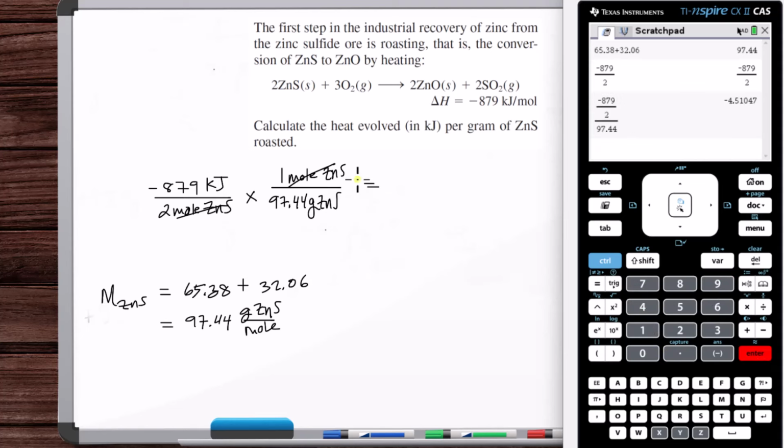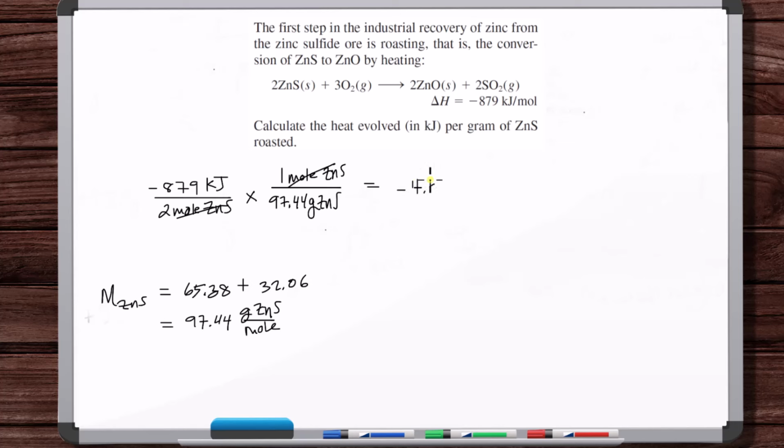Minus 4.51 kilojoules per gram of zinc sulfide.